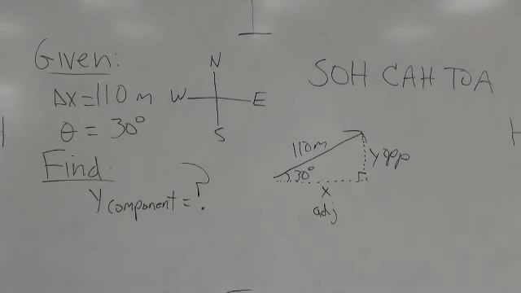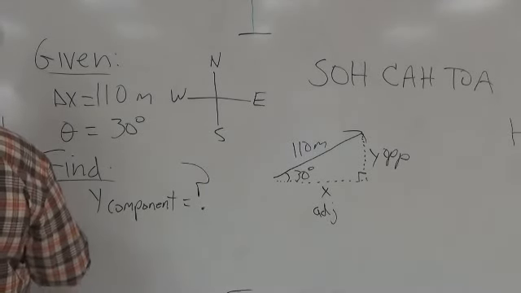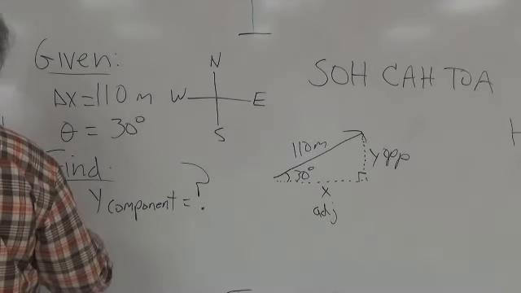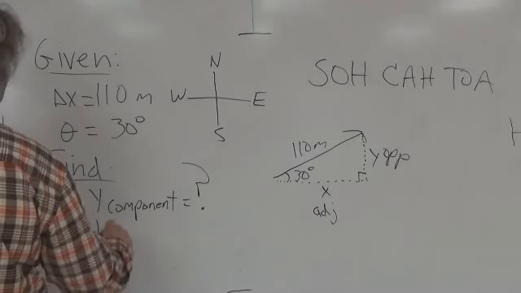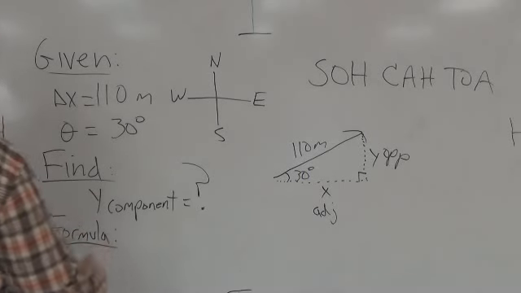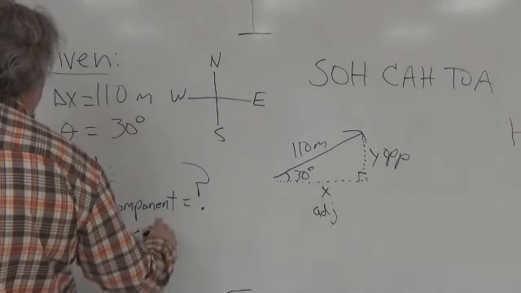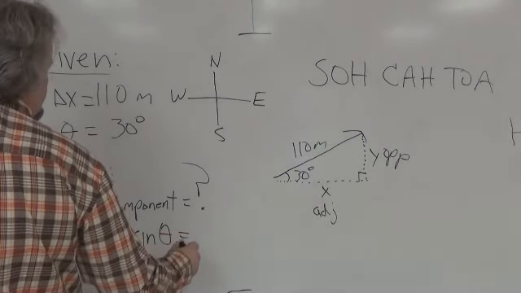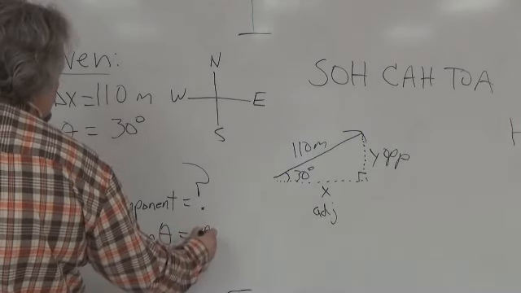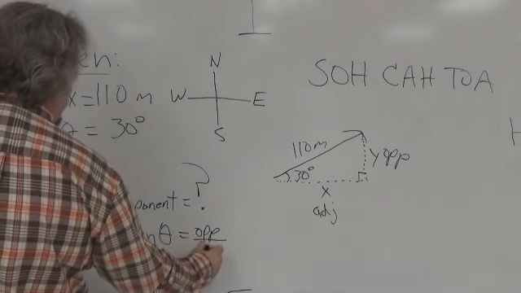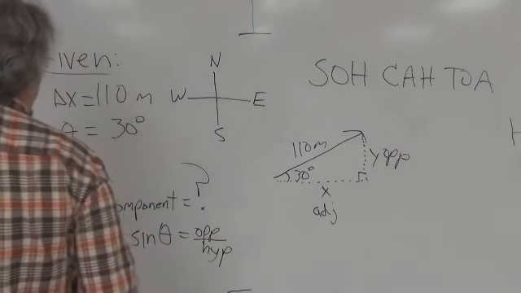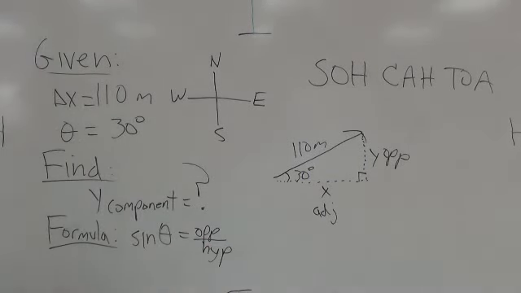so the formula, we just said we're going to use the SOH. Alright, so that's sine angle equals opposite over hypotenuse. Now, I want to find out what the opposite is, so we got to get rid of the hypotenuse.